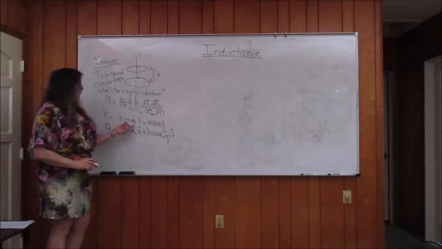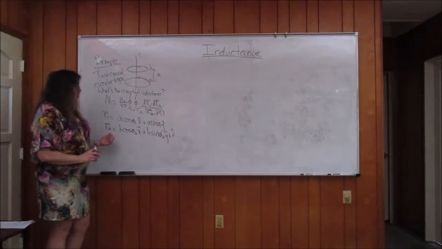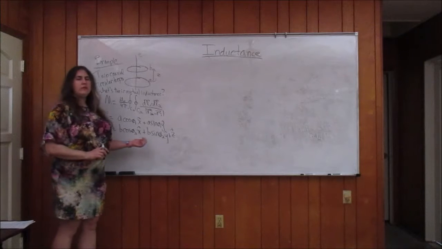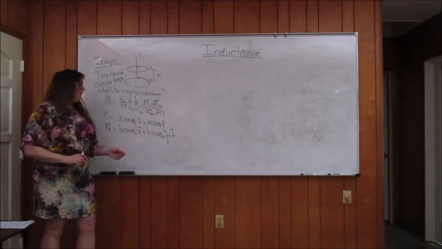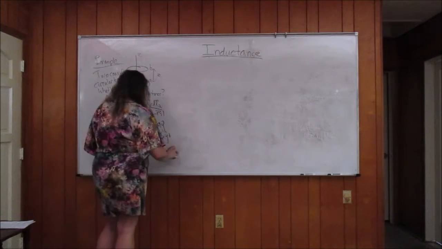First one's going to be A cosine phi1 in the x direction plus A sine phi1 in the y direction. Second, R2 is B cosine phi2 in the x direction plus B sine phi2 in the y direction plus z in the z direction.